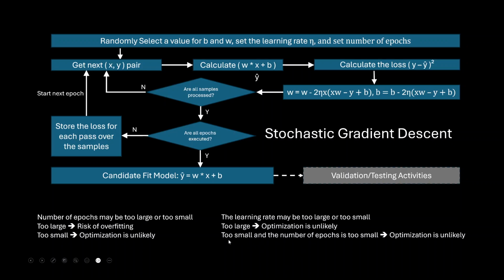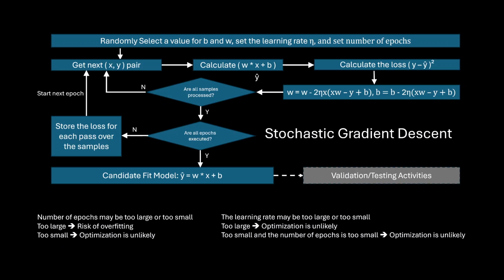Now, if the learning rate is too small, then you take very little steps and you exhaust the epochs, and the optimization would also be unlikely.